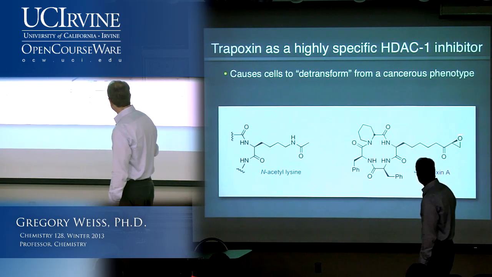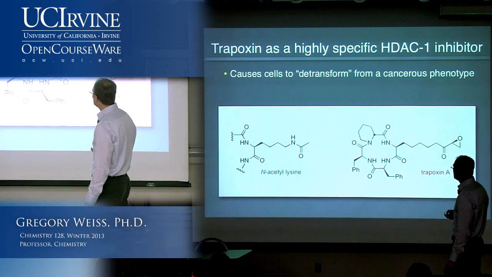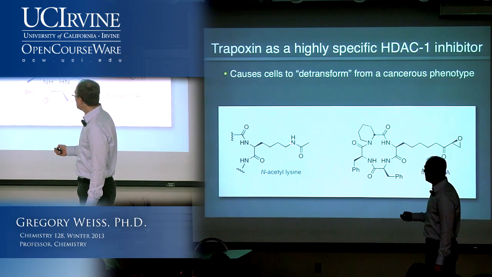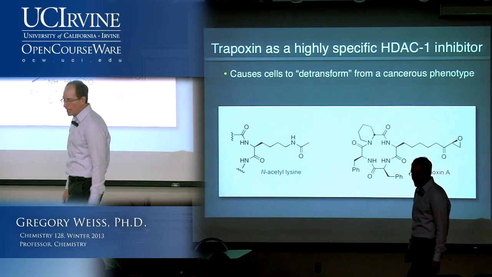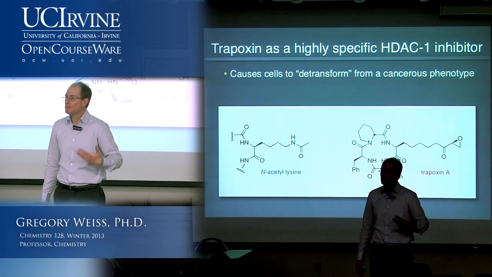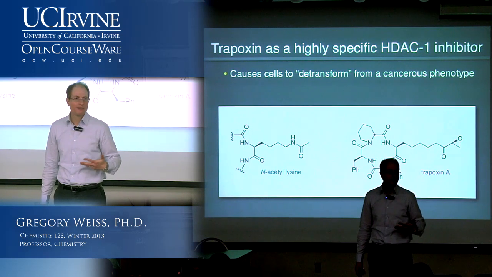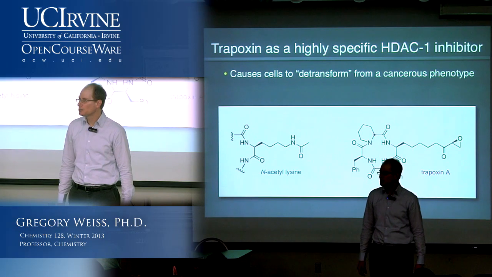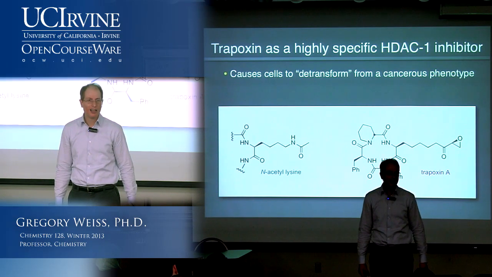And then this compound over here is going to inhibit that deacetylation. There's more written about this in the book. But in any case, these two look very similar. And so that substrate mimicry, that mimicry of the starting material, is a very common way to inhibit enzymes. It works really well. We're going to see that time and again throughout this class.